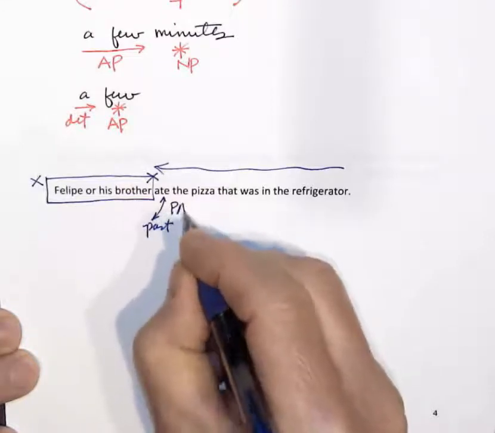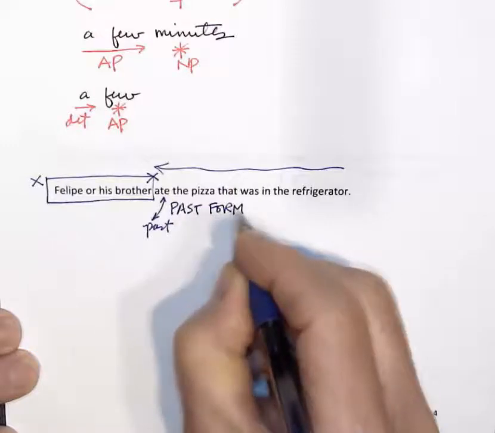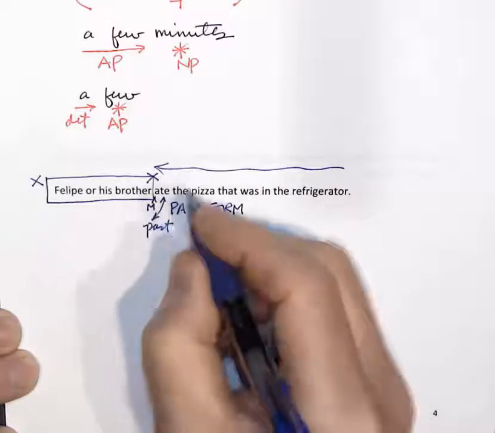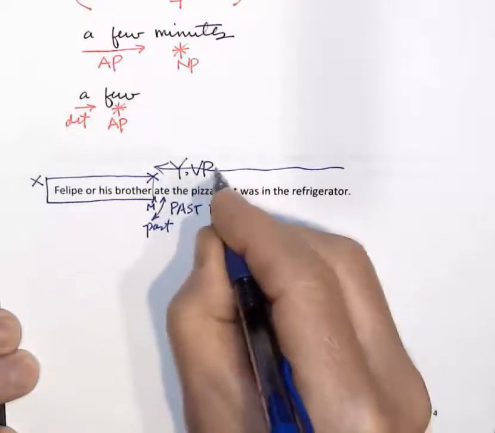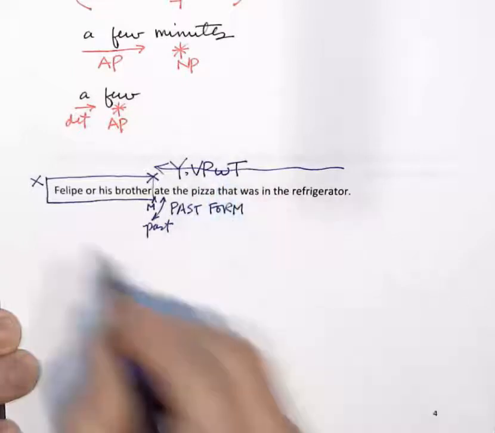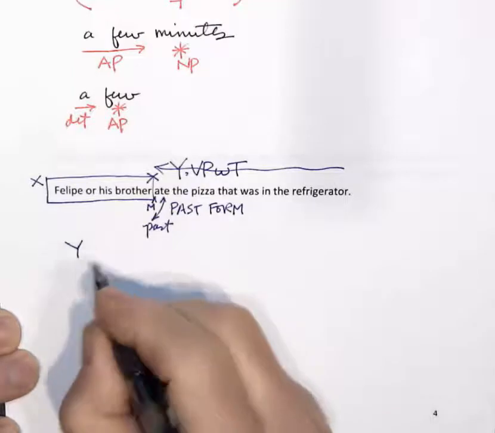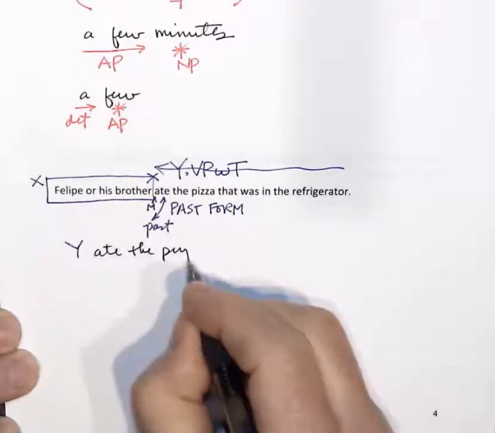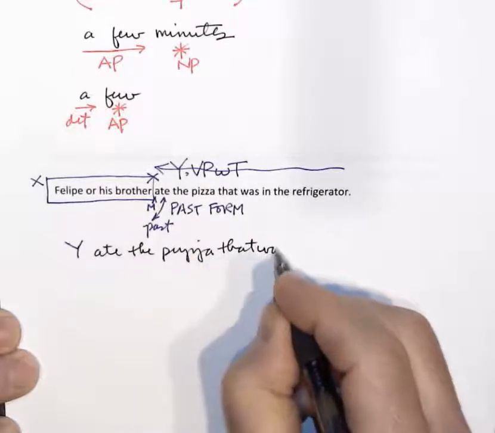It's the past form. Ate, okay, X word, M place, Y, verb phrase with time. Ate the pizza that was in the refrigerator.